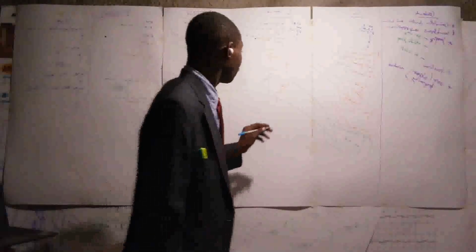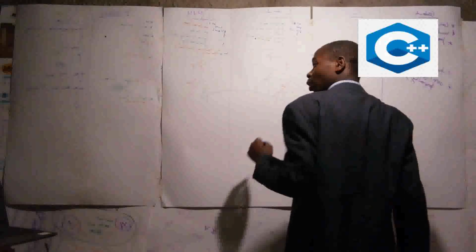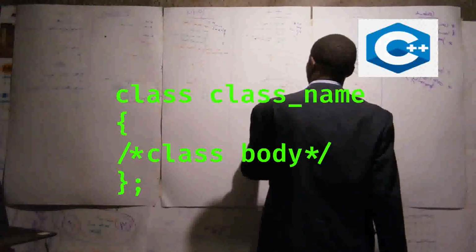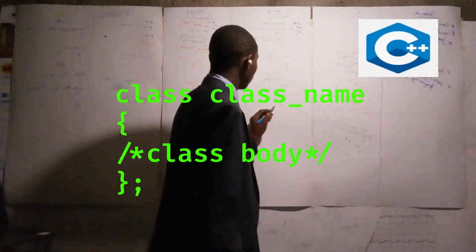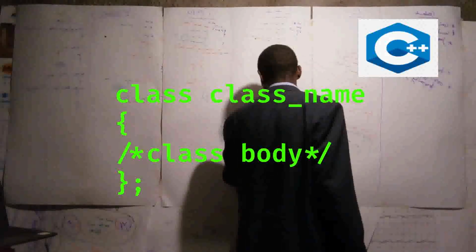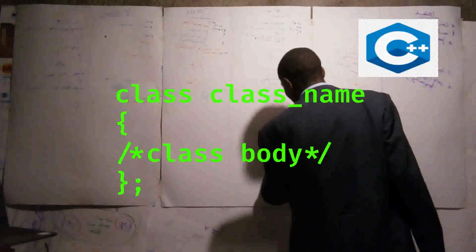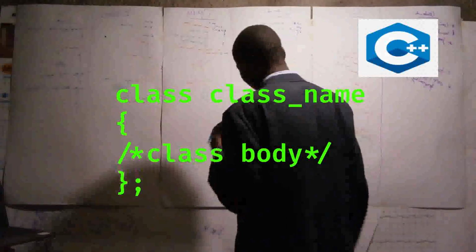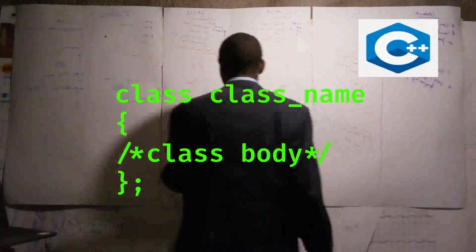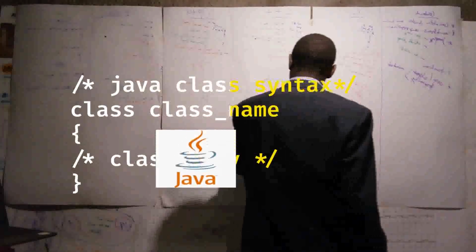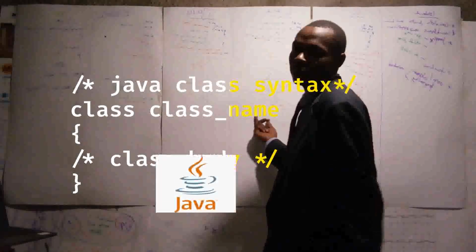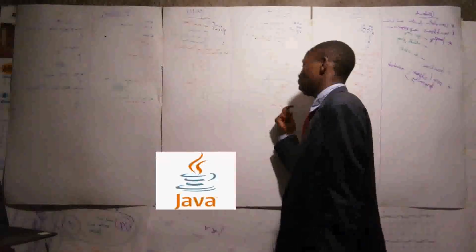So in C++, for object-oriented programming, you can write the class. After the class name, open braces and close your braces. After the closing brace, put the semicolon. Java can also be written like this, and C++ and Java are the same for this.